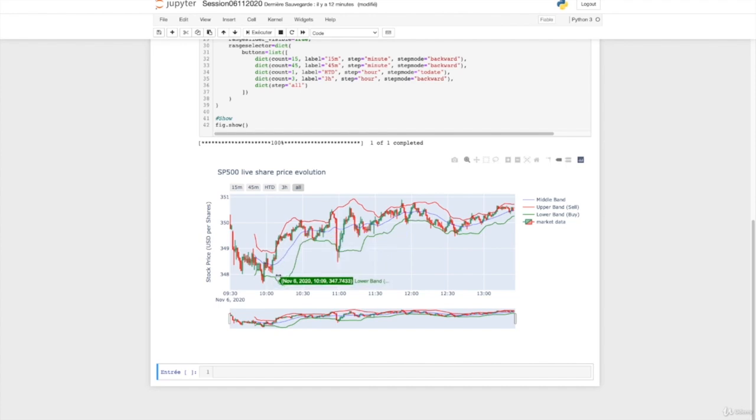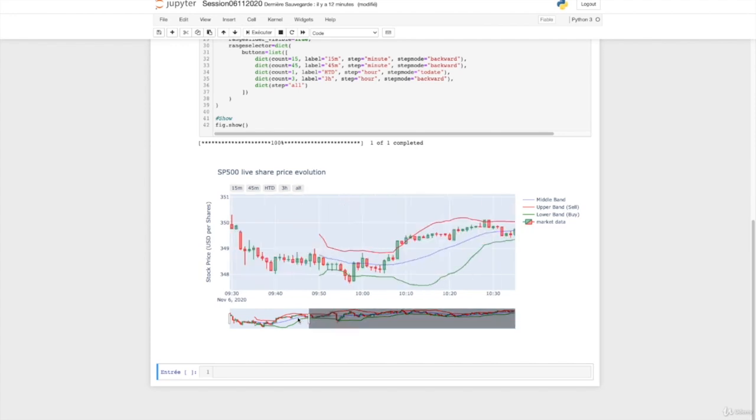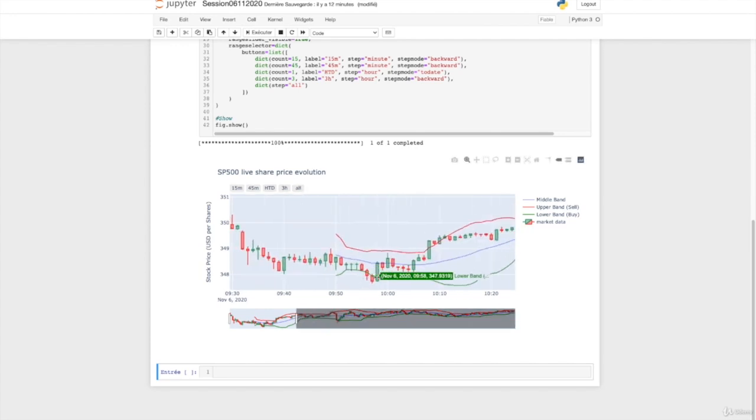Okay, right now we have the latest market data, and we can already analyze how the Bollinger Bands are acting. For instance, if we had followed the Bollinger Band from the beginning of the day, we would have bought shares on the S&P at 9:56 a.m. We would have sold at 10:08, and in between, as you can see, we would have made around 349.